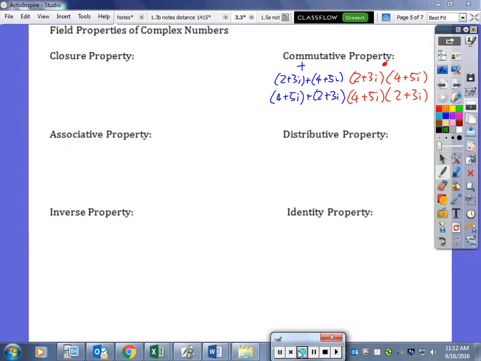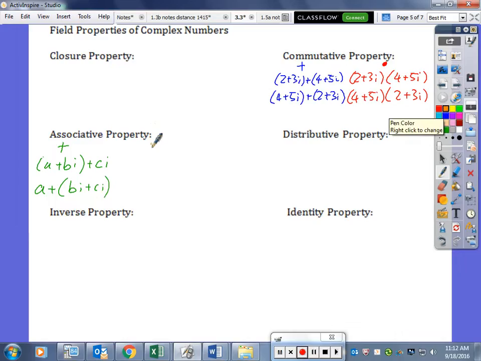The associative property, where we are concerned with grouping numbers together, we also have the associative property of addition. If we have a plus bi and we're adding ci to it, we can also write a plus bi plus ci.